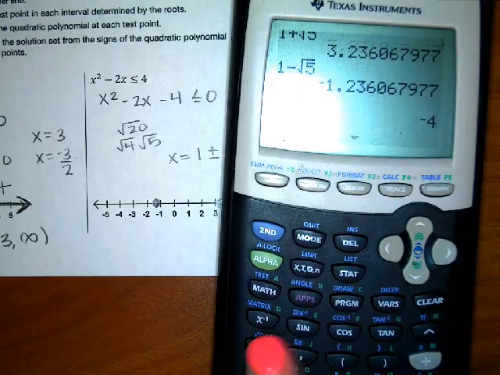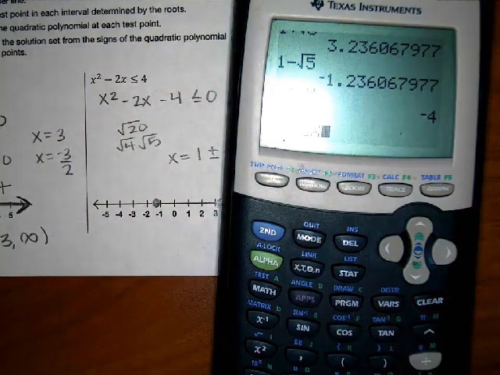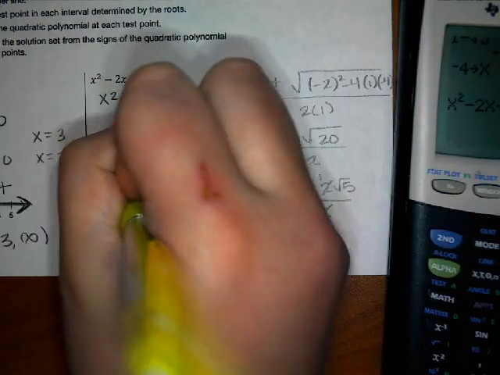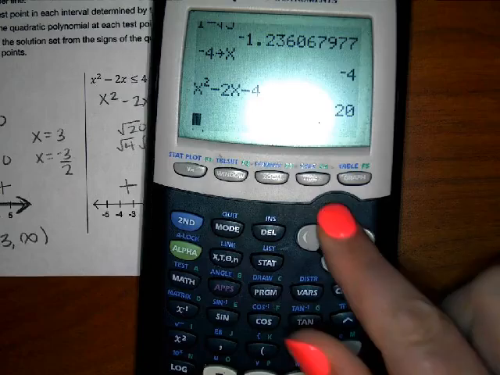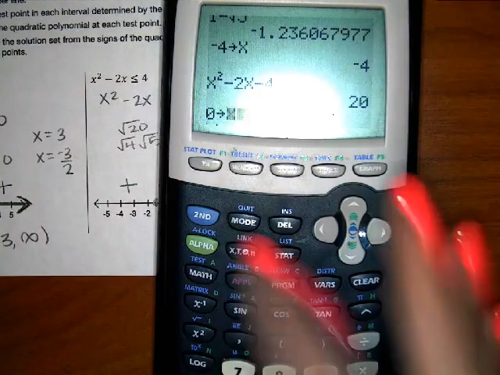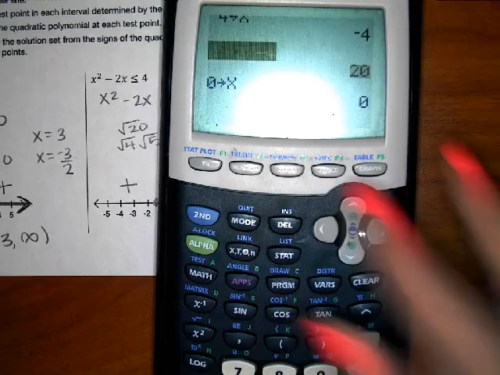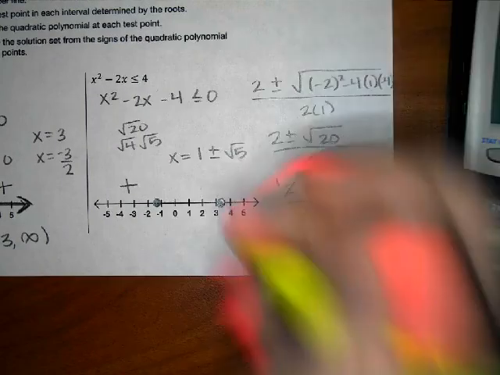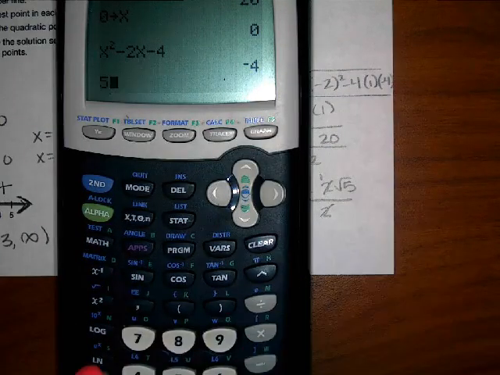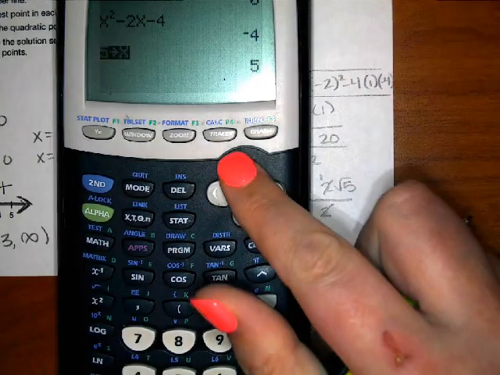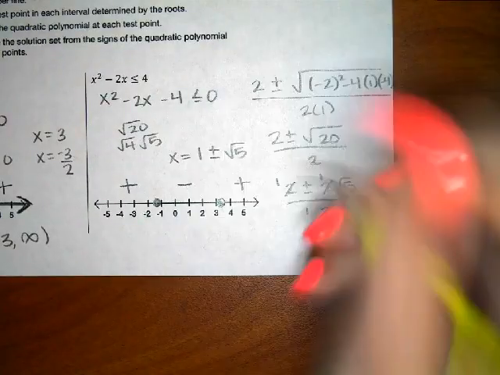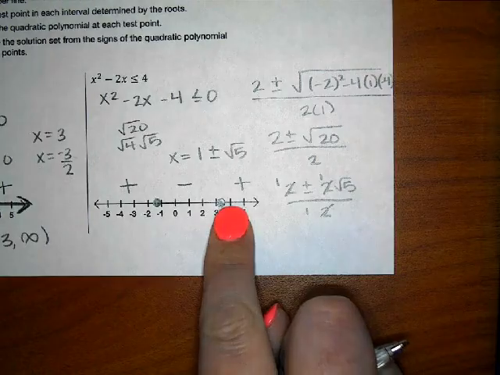And then I'll do 0 again. -4, and then 5. Okay, and this time this says whatever my values are, they should be less than or equal to 0. And so if they're less than 0, they're going to be the negative, so they're going to be right in here.